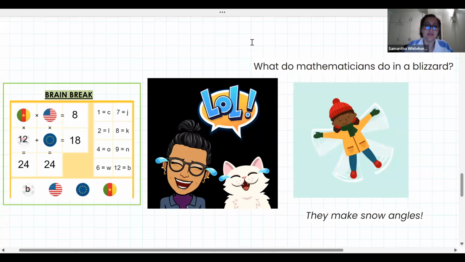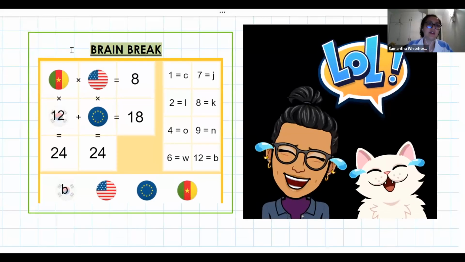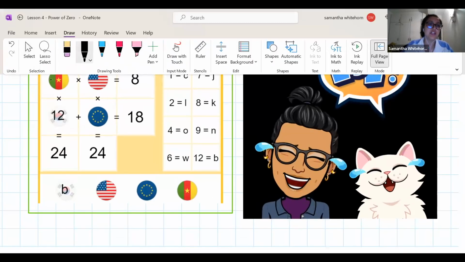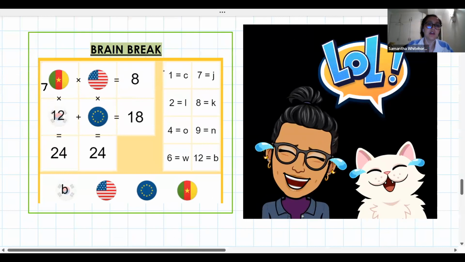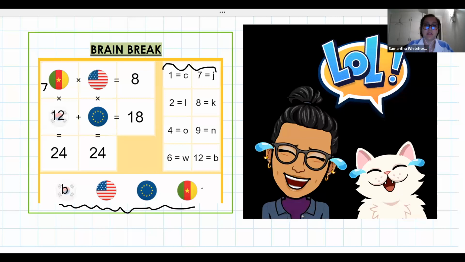Right, so guys, I want you to try the brain break. What you need to do is figure out what letter each of these flags represents from the list given here on the side so that you can figure out what the final word down at the bottom is.